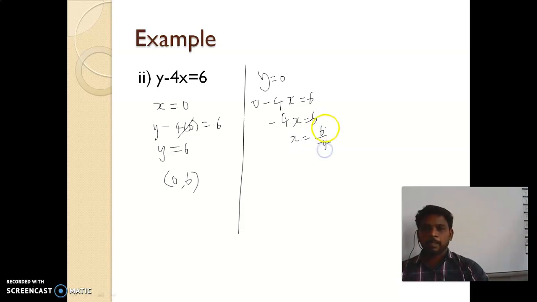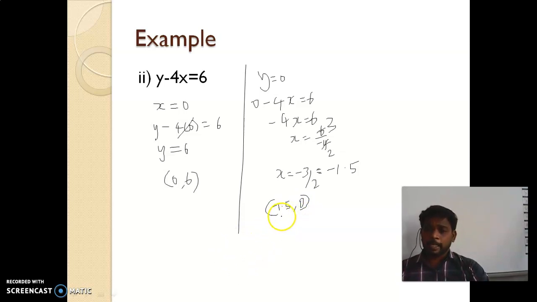Now simplify this. 3 2's are 6 and 2 2's are 4. So x equal to minus 3 by 2. Minus 3 by 2 is not easy to locate on the graph, so change it into a decimal, that is minus 1.5. So what is the required solution here? x value is minus 1.5 and y value is 0. Ensure that before writing the solution, the x value is the first one and the y value is the second one.